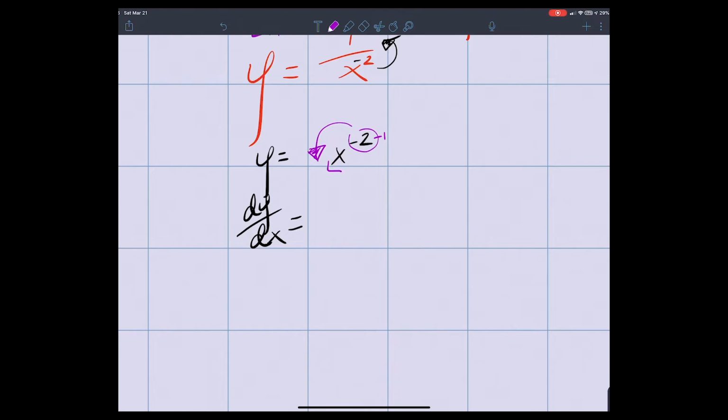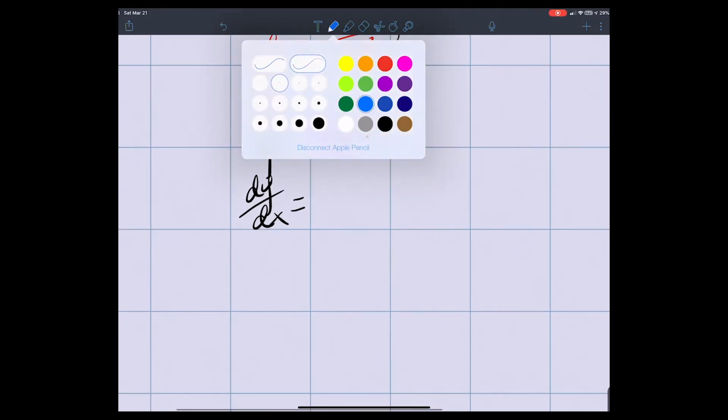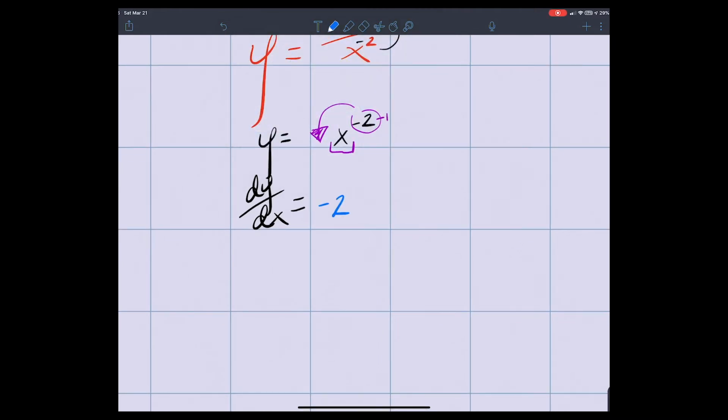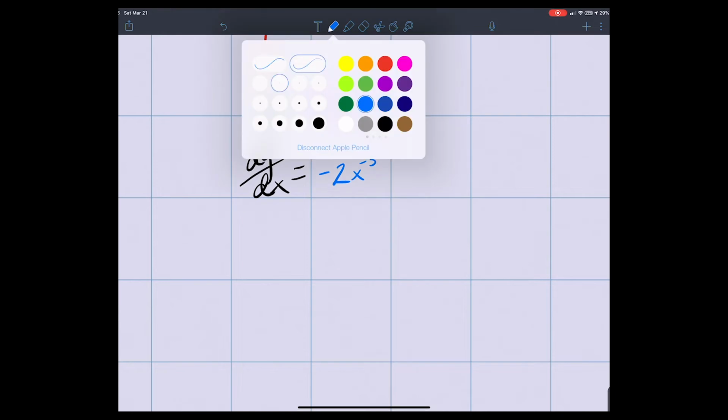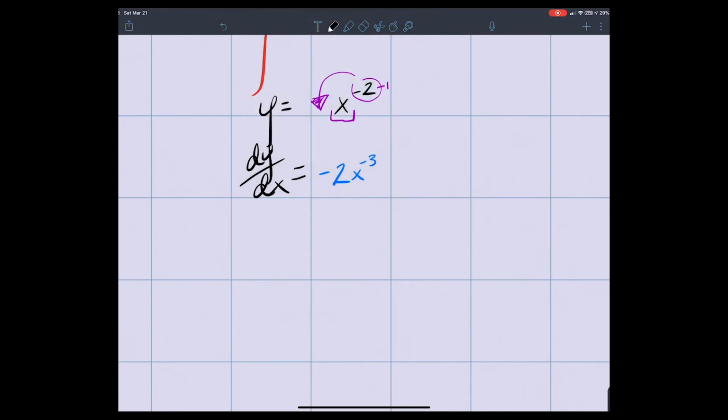And the derivative of this is going to be multiplied by that. But don't worry, because this is already 1. So we're just going to leave that as it is right now. So to rewrite this, I'm going to say negative 2x to the negative 3. This is a good answer. I mean, we got the derivative, right?